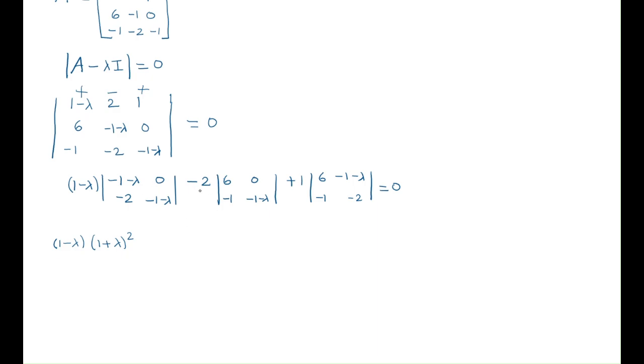The next step is minus 2 times. We multiply this 2, and it becomes minus 6 and minus 6 lambda, so it is minus 6 lambda minus 0. Right? Then plus 1 times.